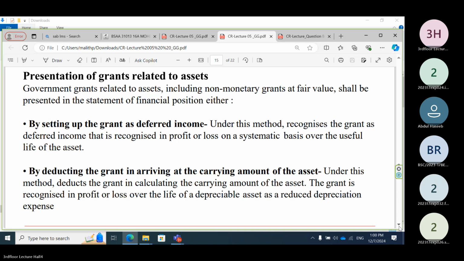Two approaches you can use to present that in the financial statements. First one, by setting up the grant as deferred income. Second, by deducting the grant in arriving at the carrying amount of the asset.